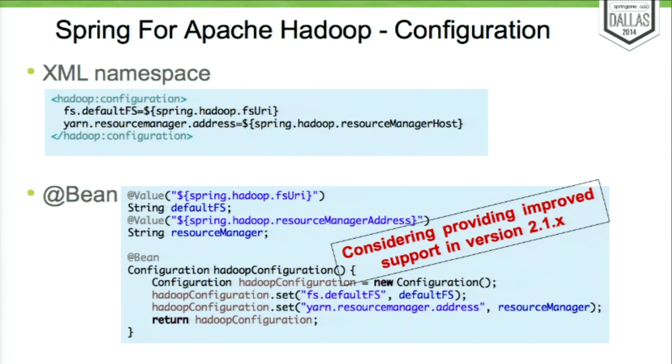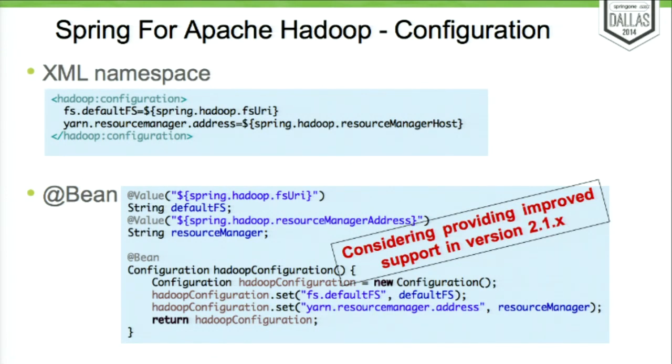A lot of Hadoop projects assume that you have all the Hadoop configuration files on your class path, like the core-site.xml, the yarn-site.xml, all these ones. We typically don't want to have those on the class path because then it makes your app less portable. So we tend to just put in what we absolutely need here and skip having the core-site or the yarn-site XML on the class path.